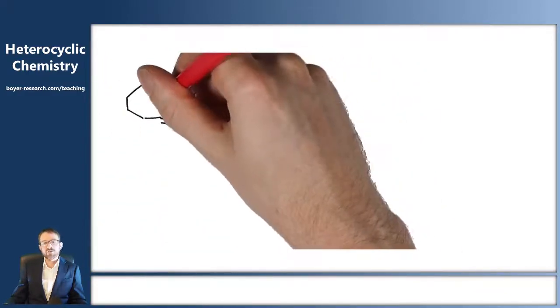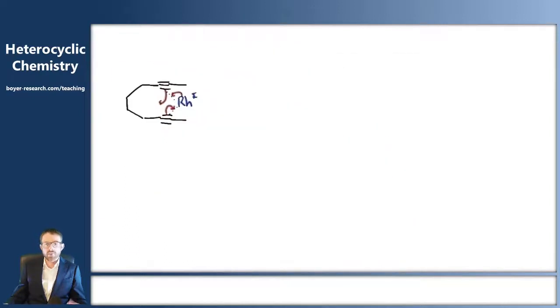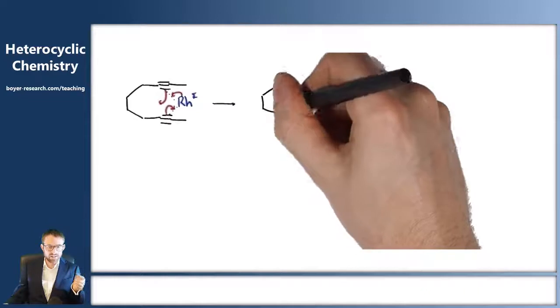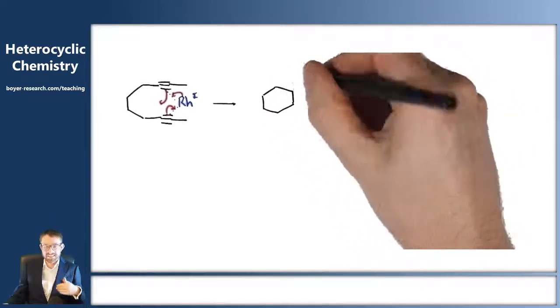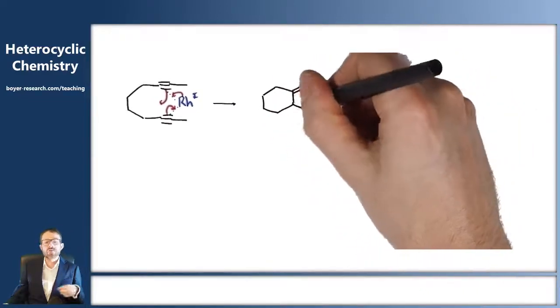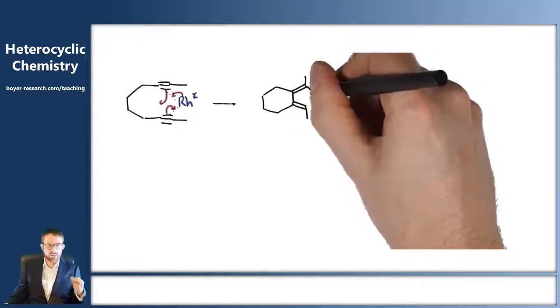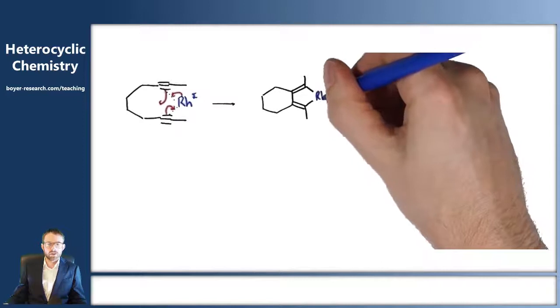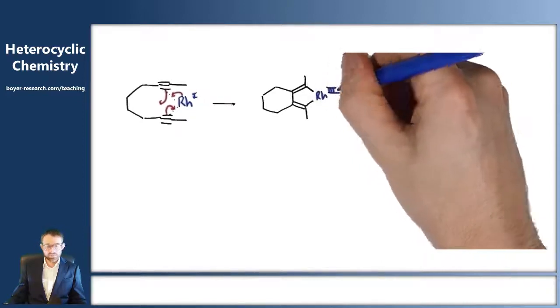So we can draw an arrow from the rhodium to the carbon. That breaks one of the pi bonds. We can draw an arrow from one alkyne to the other. That breaks the second pi system. Then we can draw a last arrow from the carbon back to the rhodium to give us our 5-membered heterocycle with a rhodium in.